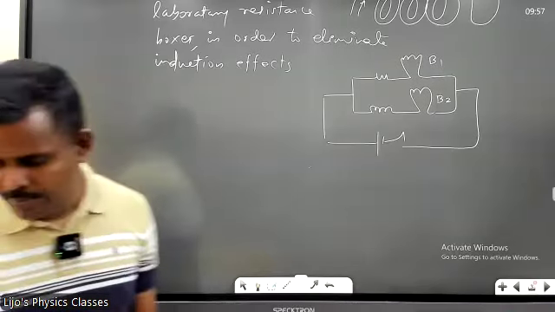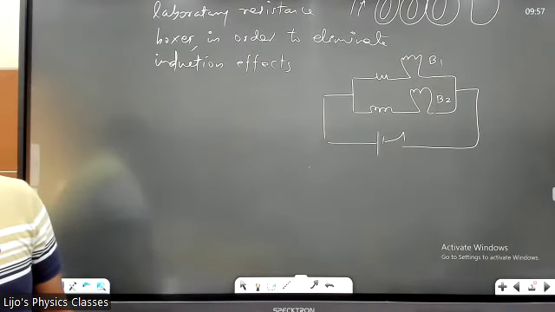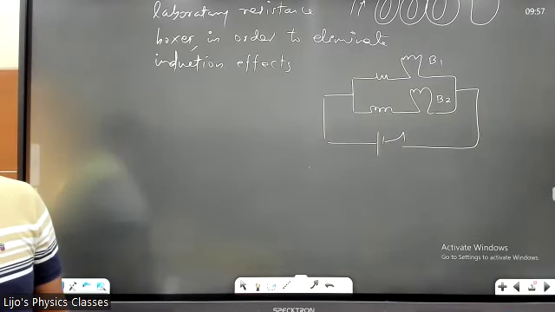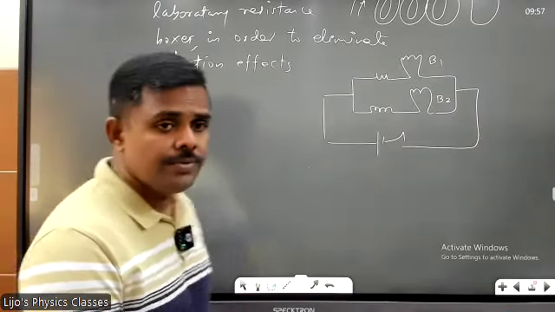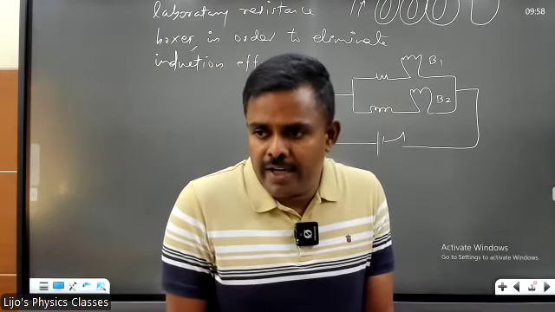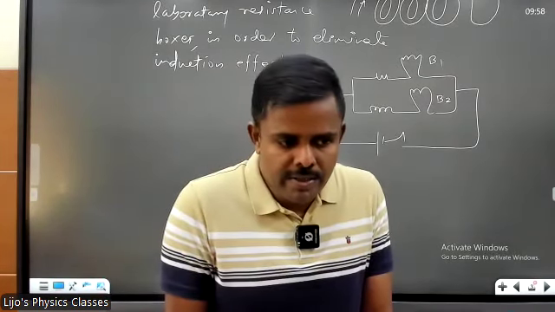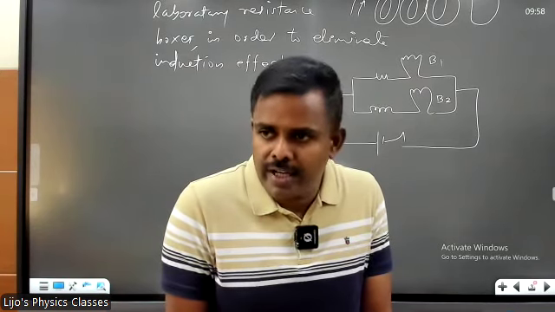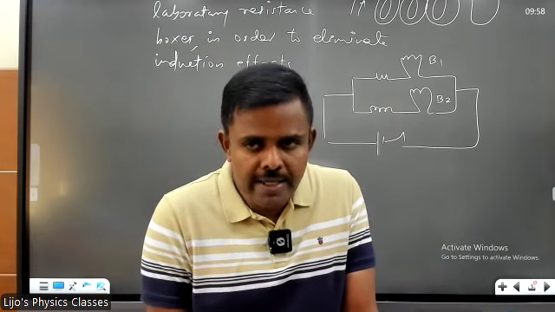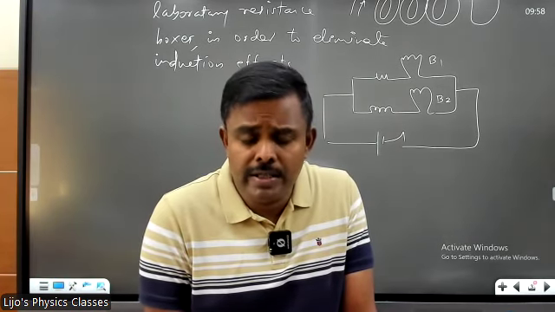In the case of bulb 2, when there is growth or decay of current: when is there growth?